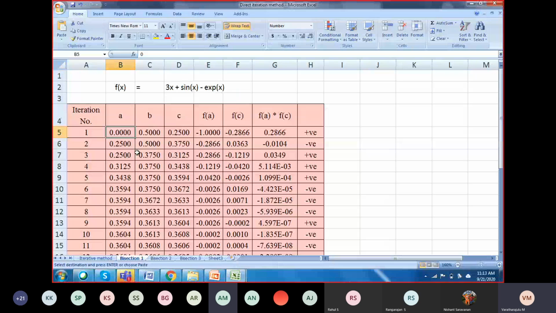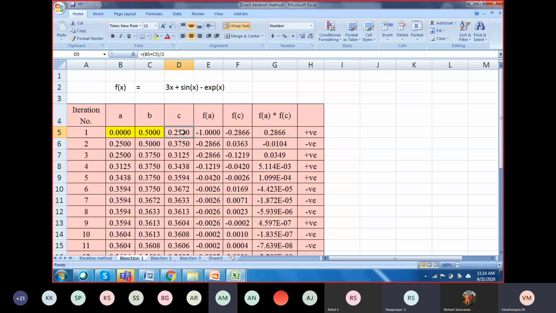Here, a is our initial guess, and b is our initial guess. Now I am highlighting the initial guesses. A and b are our initial guesses. The c is equal to the midpoint of a and b. The midpoint can be obtained by this equation, that is B5 plus C5.